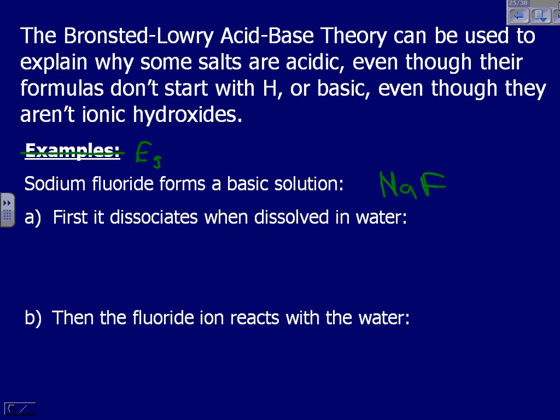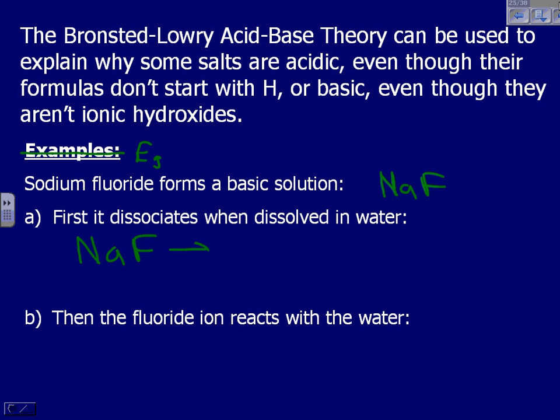NaF is an ionic compound. What do we do when we have an ionic compound? Before we can look at the reaction with water, what's the first thing I had to do? Separate it, dissociate it. That's what it says in A. First dissociate it. I already told you to do that.